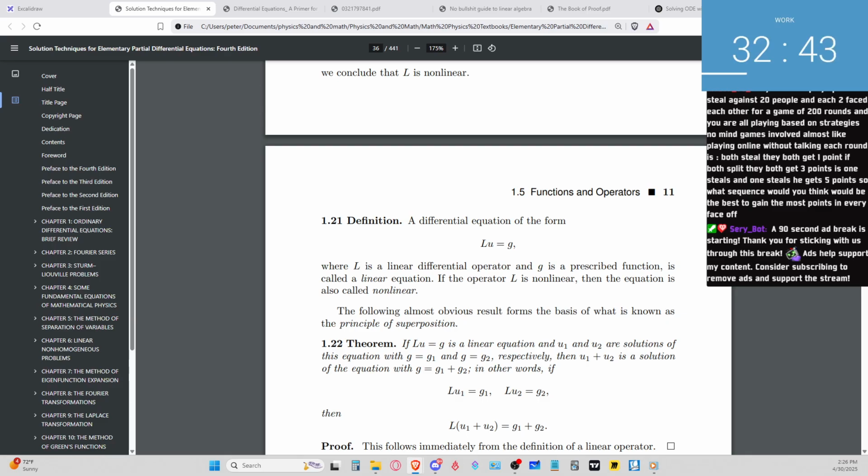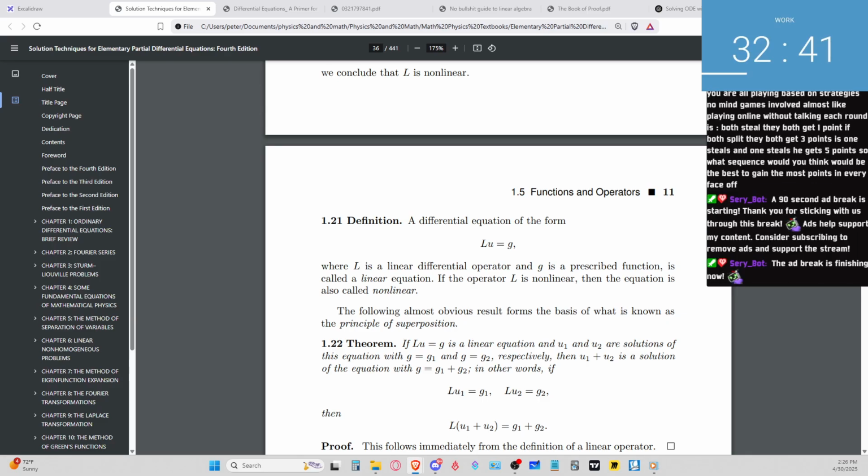If you had to play split or steal against 20 people, each two facing each other for a game of 200 rounds, and you are all playing based on strategy, no mind games involved, almost like playing online without talking.